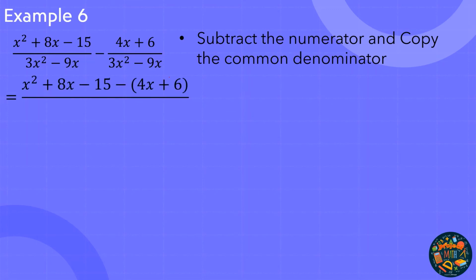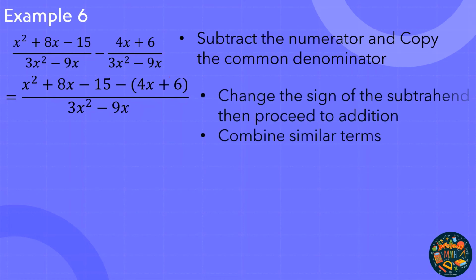So when we subtract the numerators, we have here x squared plus 8x minus 15 minus the quantity 4x plus 6. And the common denominator is 3x squared minus 9x. So before we combine similar terms, we need to change the sign of the subtrahend and then proceed to addition.